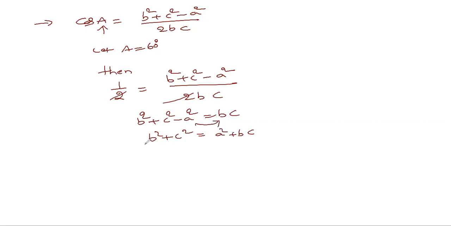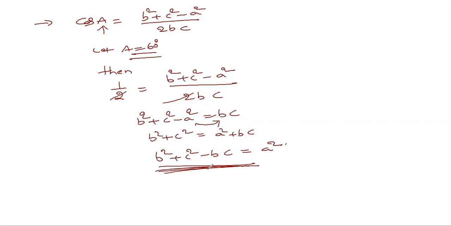So now we can write in the next step b square plus c square minus bc as a square. I think it is very clear for you. So this one we can apply whenever angle A is 60 degrees, if and only if this will happen.